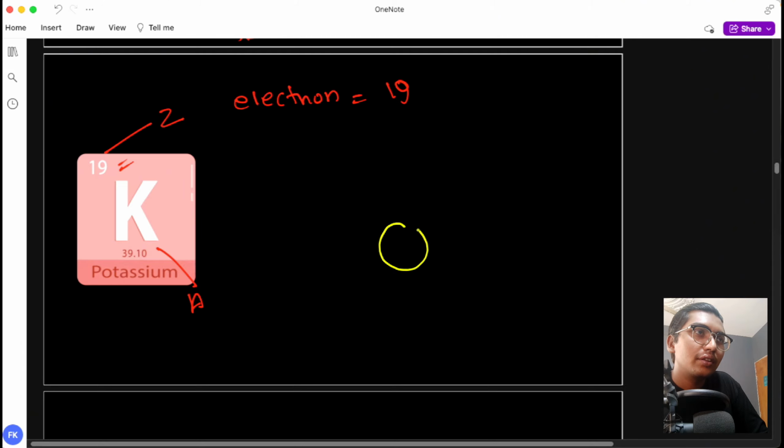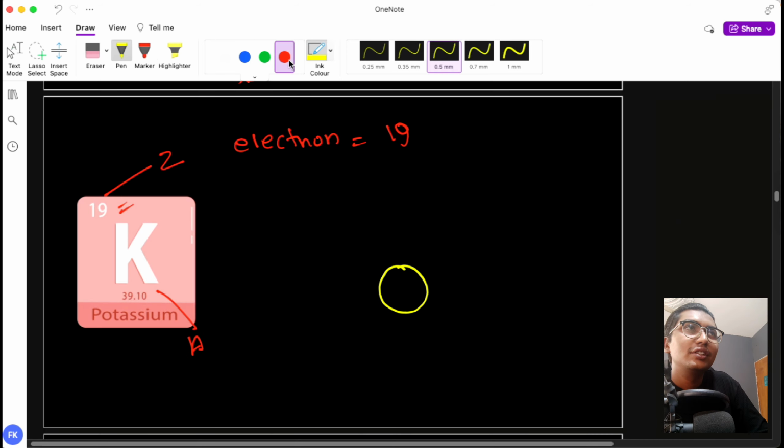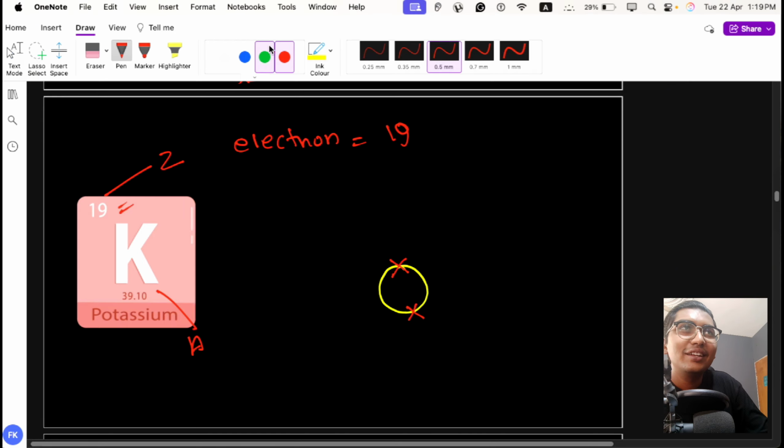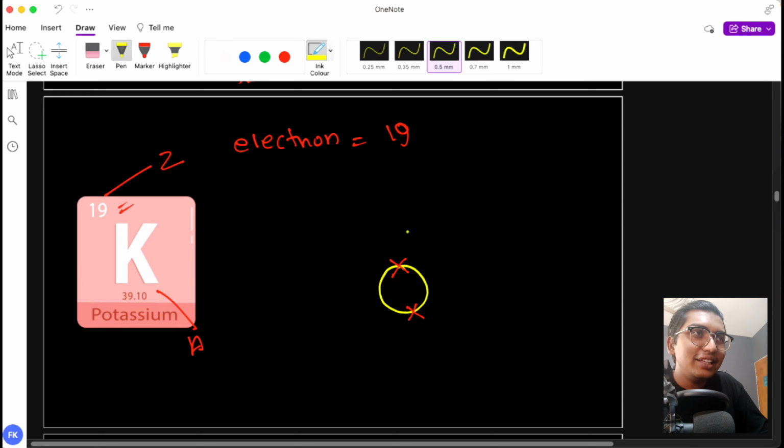So in the first shell we'll have 2 electrons, right? 1, 2. Then in the second shell, how many electrons should we get? 8, right?